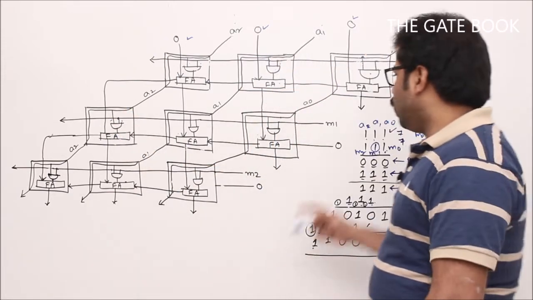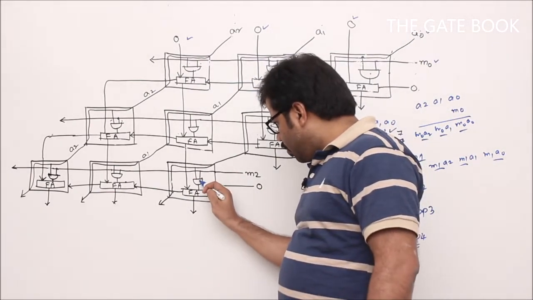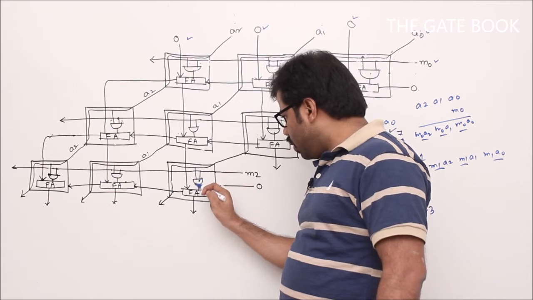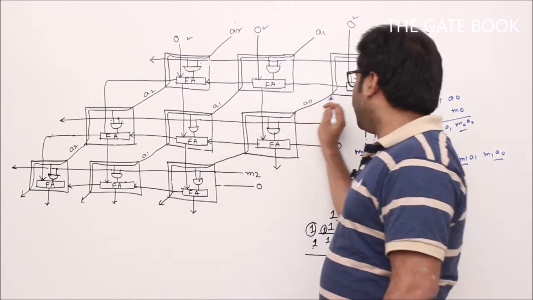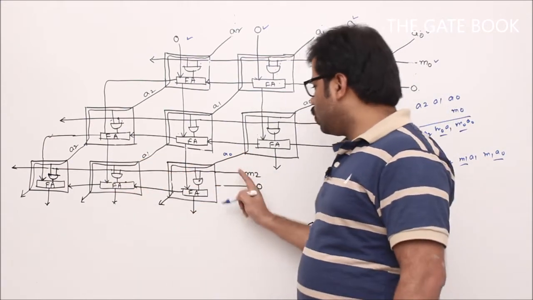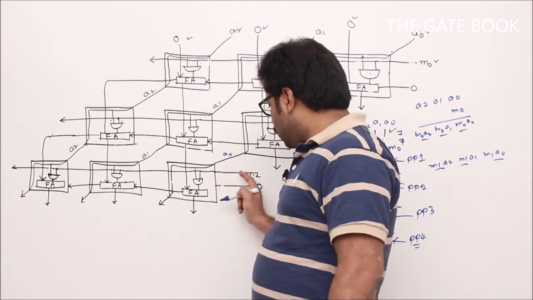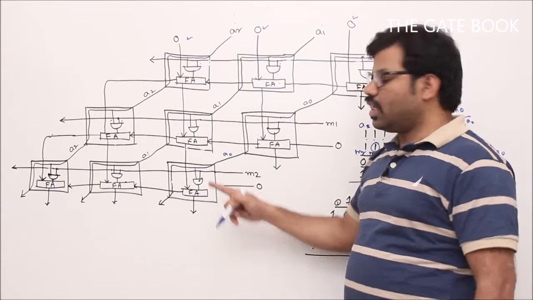In that way, we have these multiplications. In the next level, M2 here, what is this one more input? See this one, what is that? This is coming like this, A0. So it is A0, it is A1, A2, right? So M2 A0. Here, this is M2 A1, M2 A2. So that is the functionality of the AND gate.